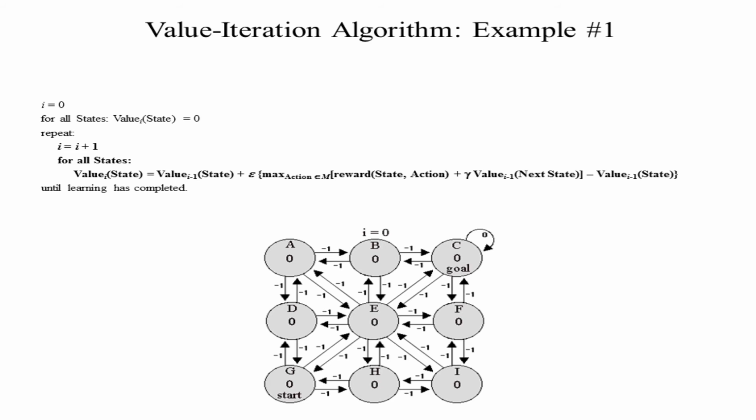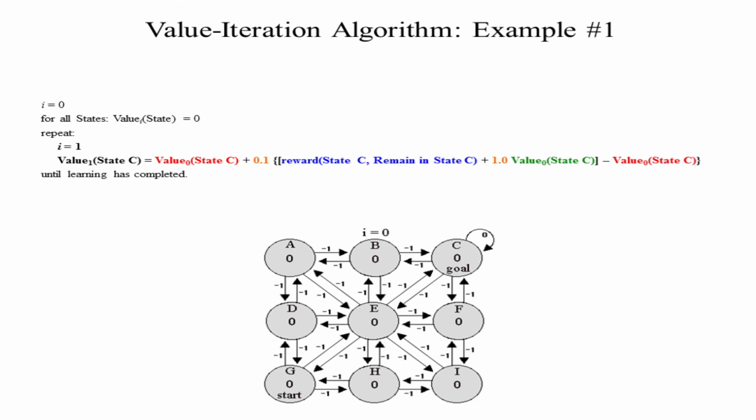Okay, so it looks kind of complicated, but just to walk you through, let's suppose the frog is in the goal state. From this state, initially, he would choose one of the actions at random. So the value of the state is 0. The learning rate parameter in orange is 0.1. The reward that he anticipates, let's just decide he's going to stay in this state. If he stays in that state, the reward he anticipates is going to be equal to 0.